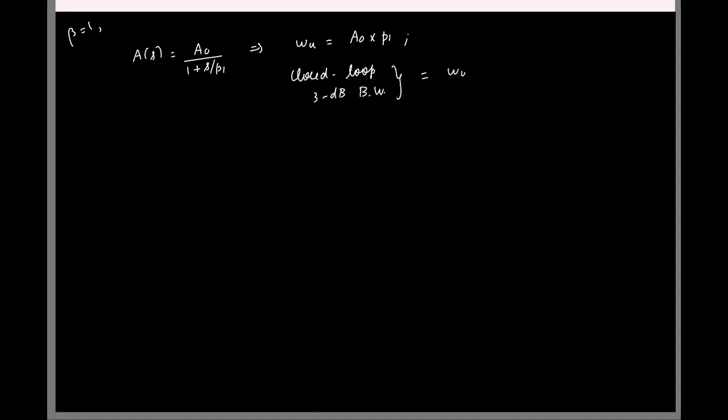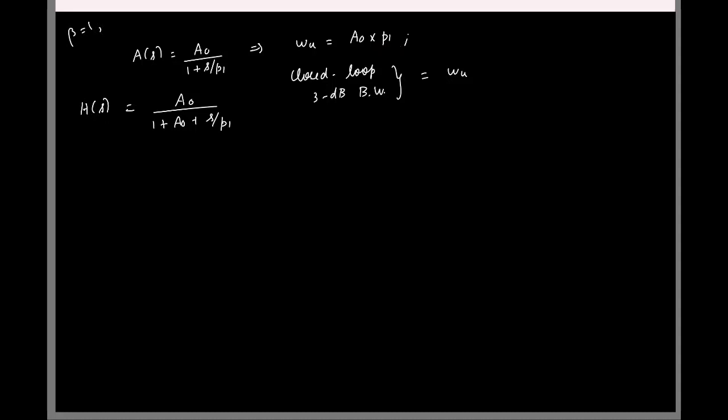That is also equal to omega u, right? We saw it a few classes before. The closed loop transfer function is now basically A of s by 1 plus A of s. You work that out, you will find this is A0 by 1 plus A0 by p1. So the bandwidth is approximately this.